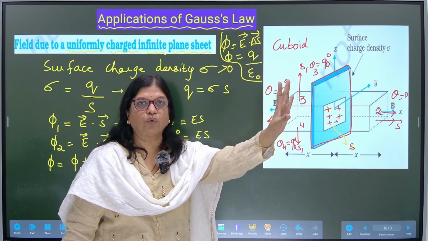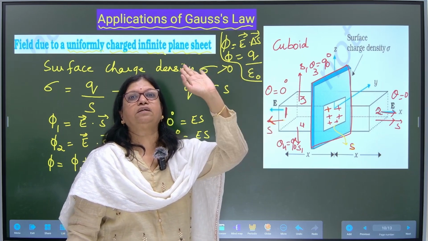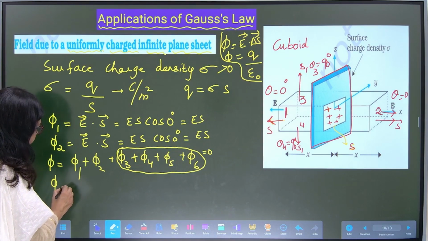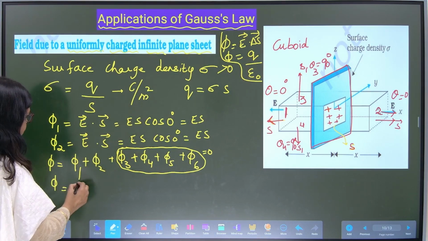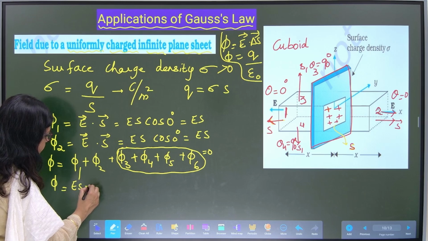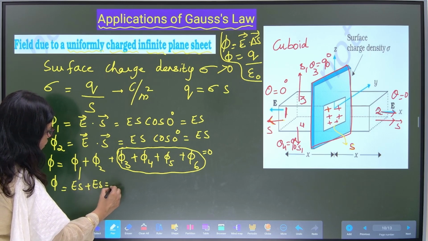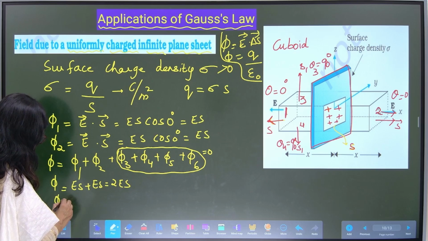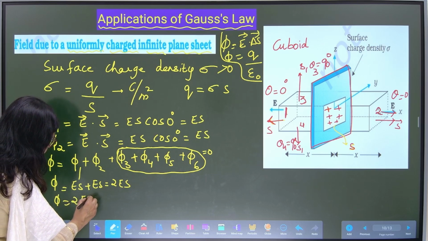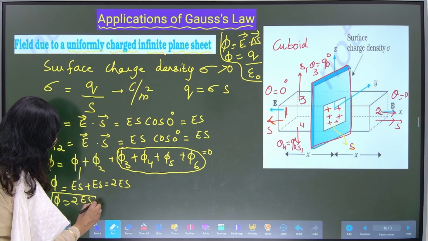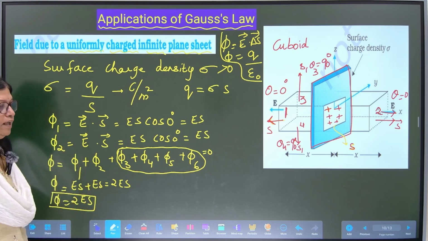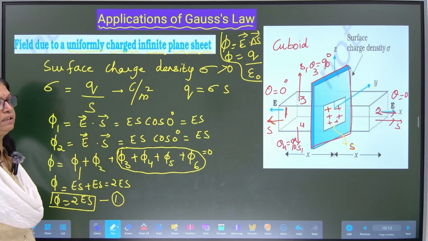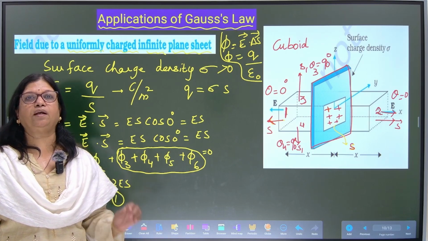Cos 90 is 0, so we need not consider that flux. So we are left with phi equal to phi 1 plus phi 2. Phi 1 is ES, phi 2 is ES. So we get phi equal to 2ES. Using the formula, by definition, we get phi equal to 2ES. Let us name it equation number 1.